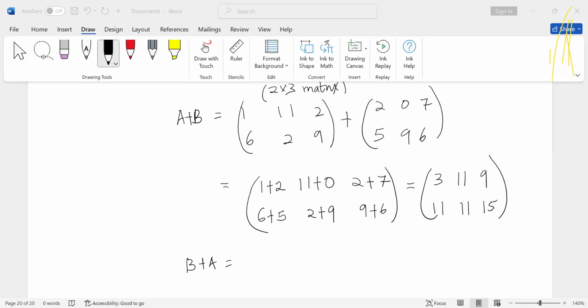What do you get? I want to see what you get. 3, 11, 9, 11, 11, 15. So it is the same thing.